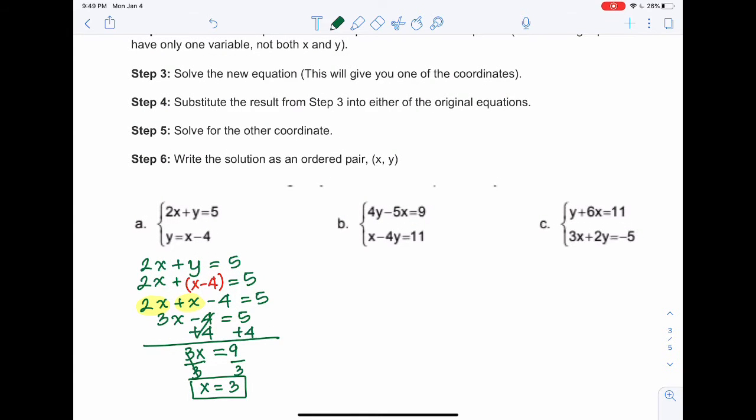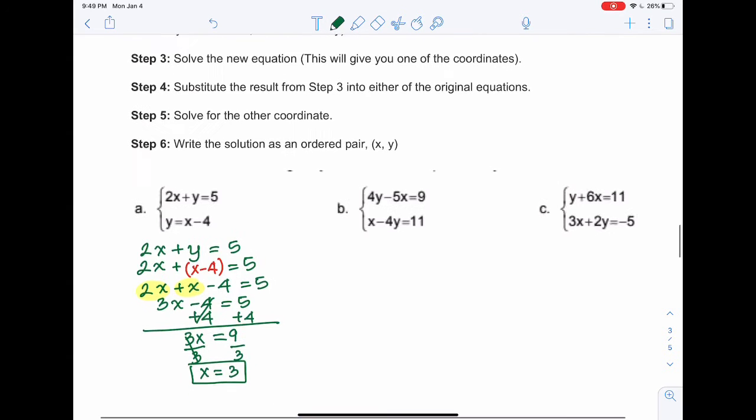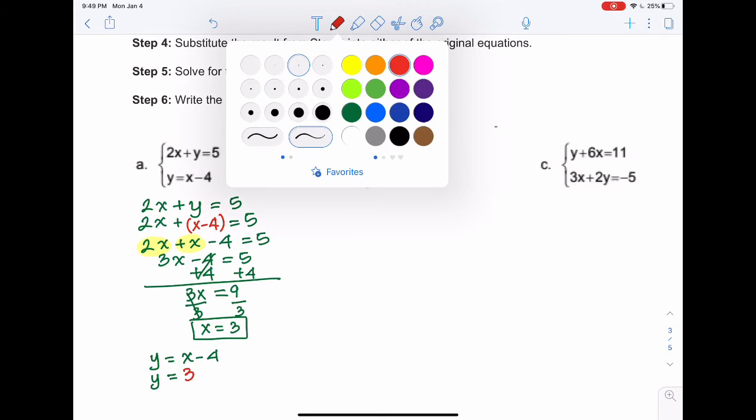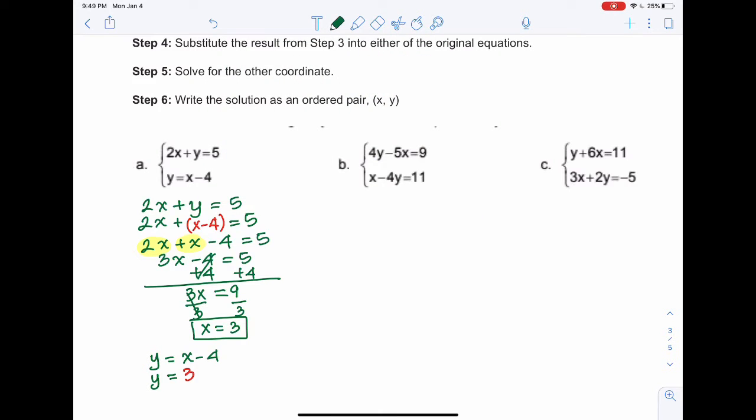Let's substitute 3 for x in the second equation to find y. y is equal to x minus 4. From here, let's write 3 for x. And then y will be negative 1.